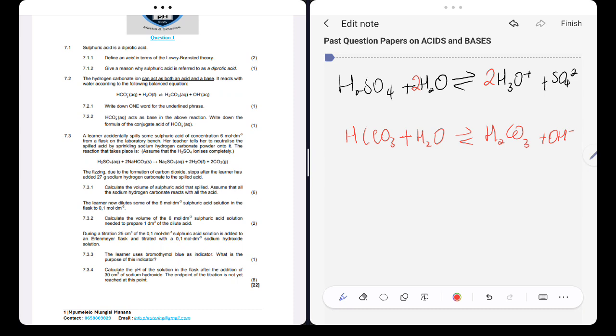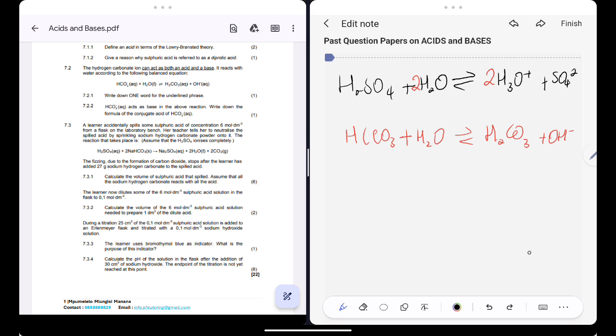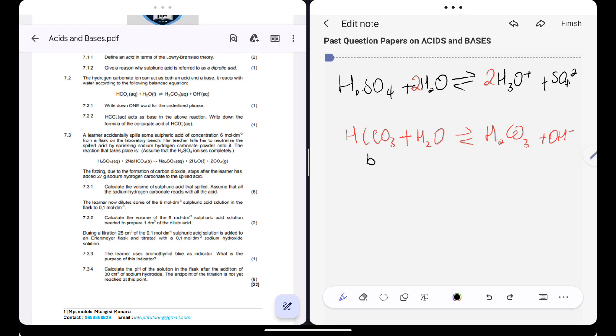7.2.2, we are asked to write down the formula for the conjugate acid for this base. Remember, guys, whenever I focus on the forward reaction, this one is a base. Why am I saying that? Because it will accept a proton to become H2CO3. And then water is an acid.